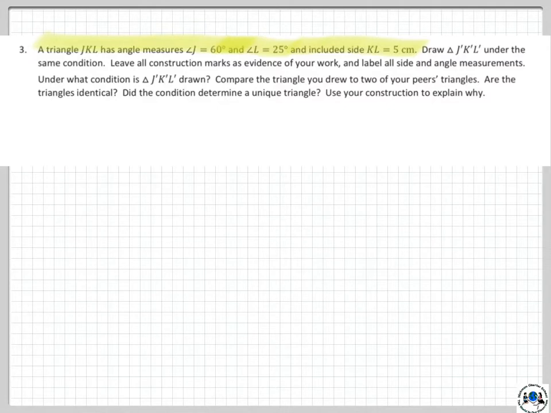Now you're going to draw J prime, K prime, L prime under the same condition. Leave all construction marks as evidence. Same instructions. So go ahead and do that, and come on back.